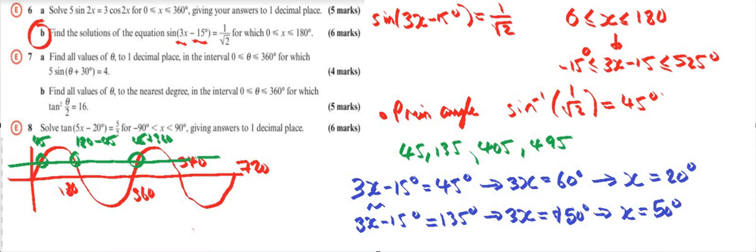My solutions for this are going to be x equals 20 degrees, 50 degrees, 140 degrees, and 170 degrees. Okay, and this is my x value, and now all of these solutions are within my original range.